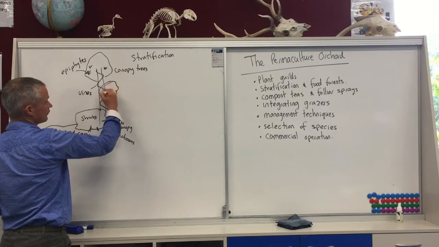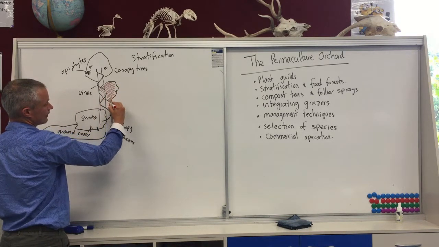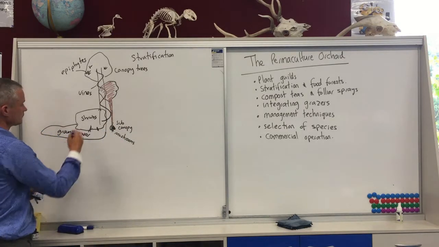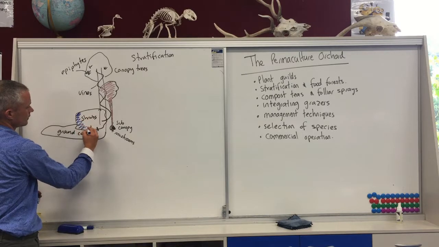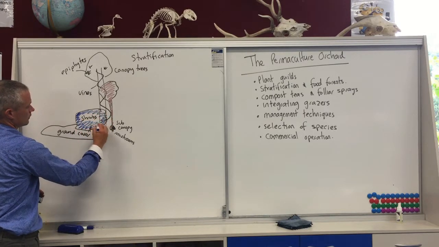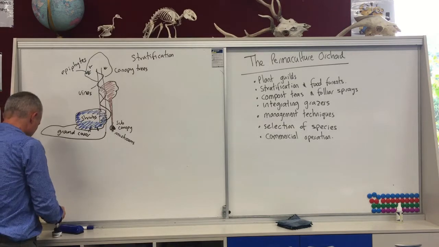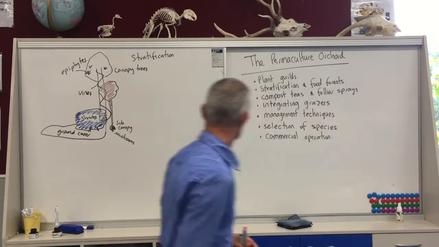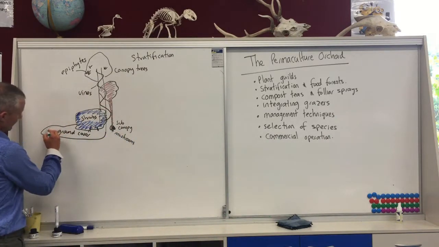So I'll just shade them in a few different colours to help them stand out. So here's the sub-canopy and the shrubs. And here's the green. And some ground cover.